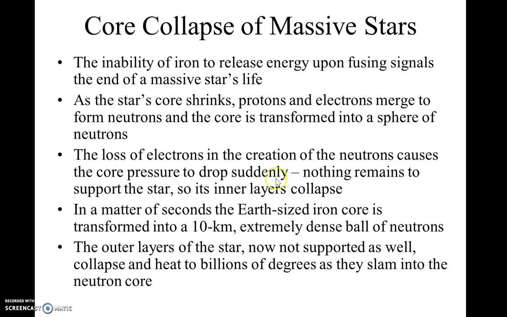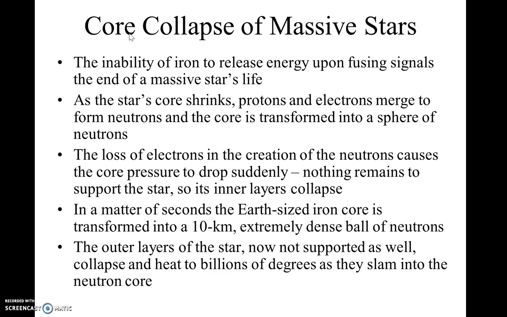But that's of course a problem for the star, because remember, gravity's always pulling inward, and the outward push is coming from the fusion of heavier and heavier elements for these massive stars.